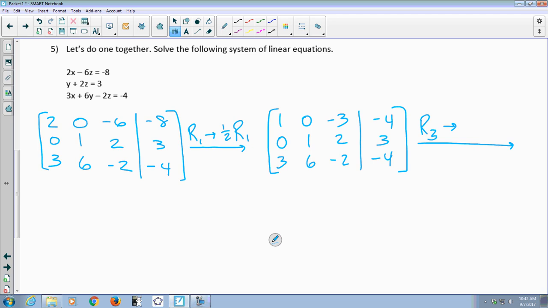So row 3 is going to be row 3 plus a multiple of another row, and the row I'm going to use is row 1, right? Because it's got this nice handy 1 in it that I can multiply by anything I want. So what should I multiply row 1 by so that when I add it to row 3, I cancel? -3.